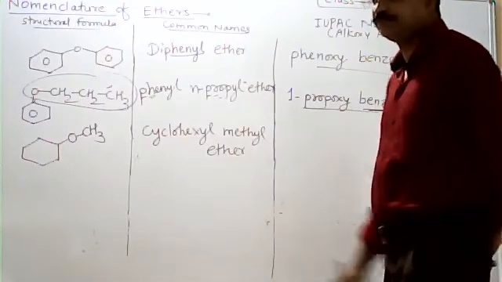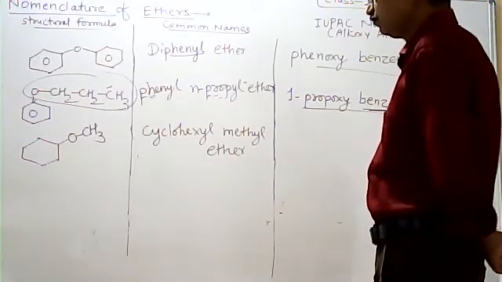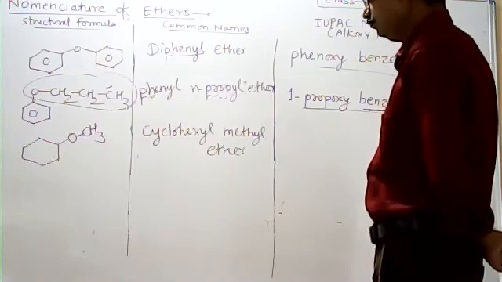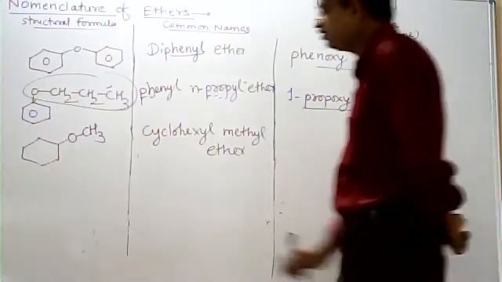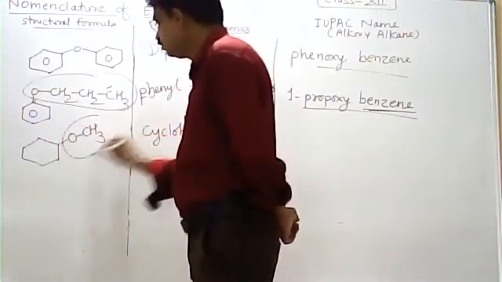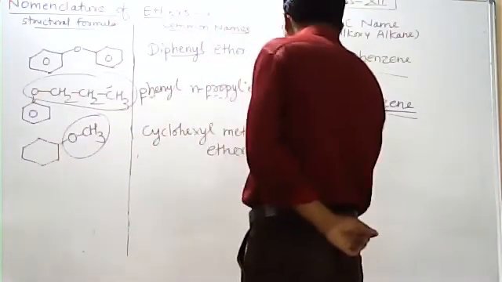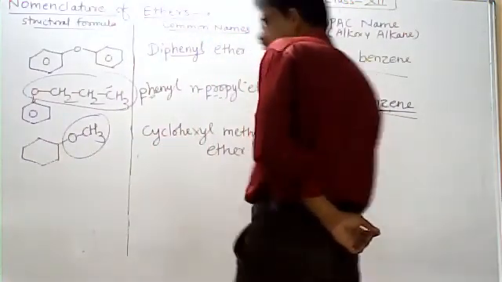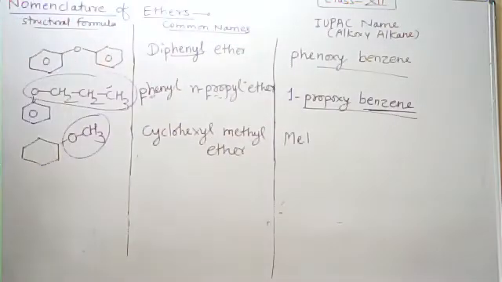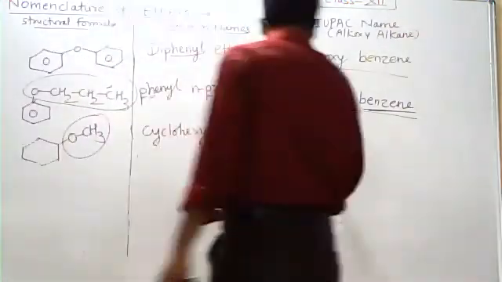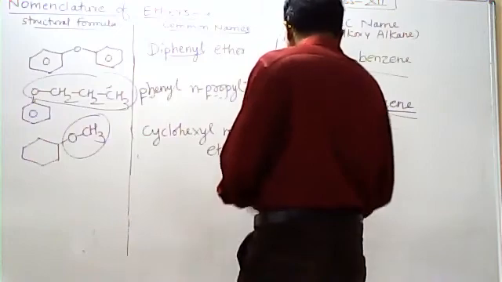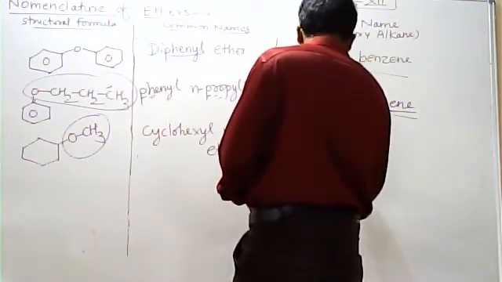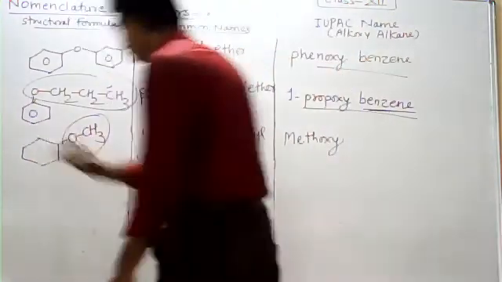IUPAC name. What is the IUPAC name? Alkoxy part. Methoxycyclohexane. Methoxy. Correct.